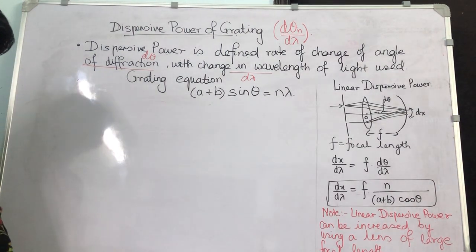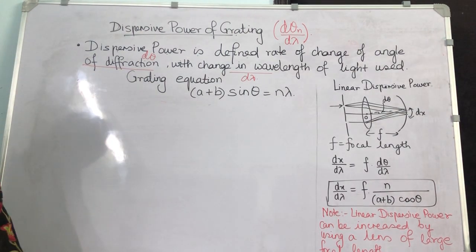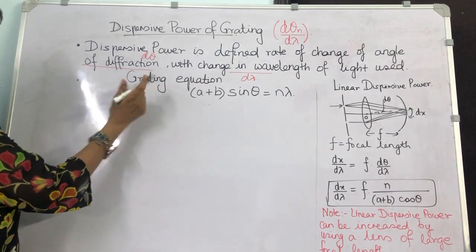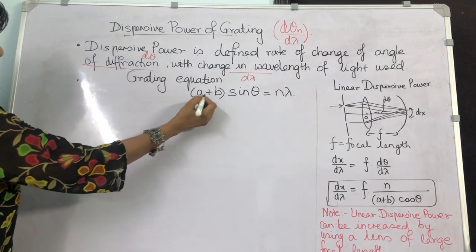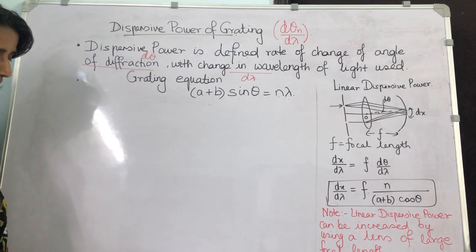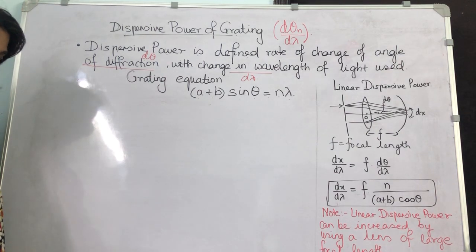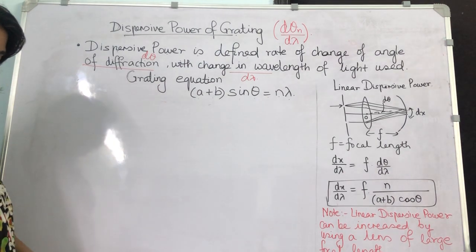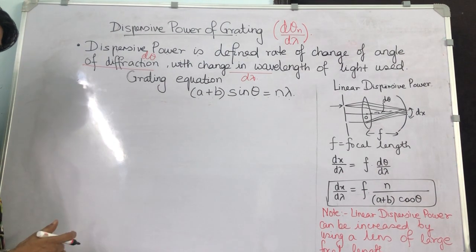So first let us derive an expression for dispersive power. Now we know that the grating equation is given by (a plus b) sine theta is equal to n lambda, where it is for the nth order spectra, a plus b is the grating element and lambda is the wavelength.